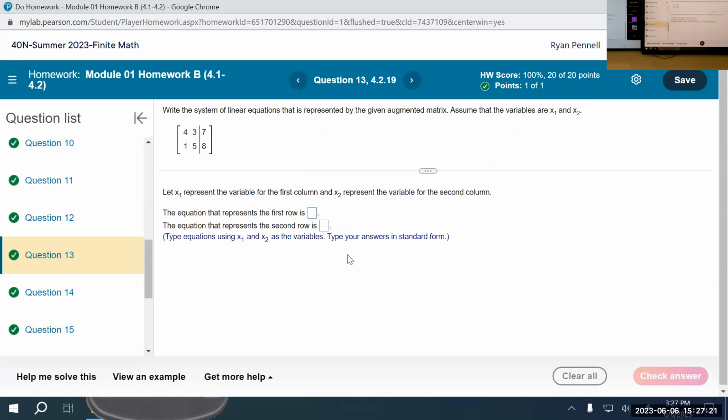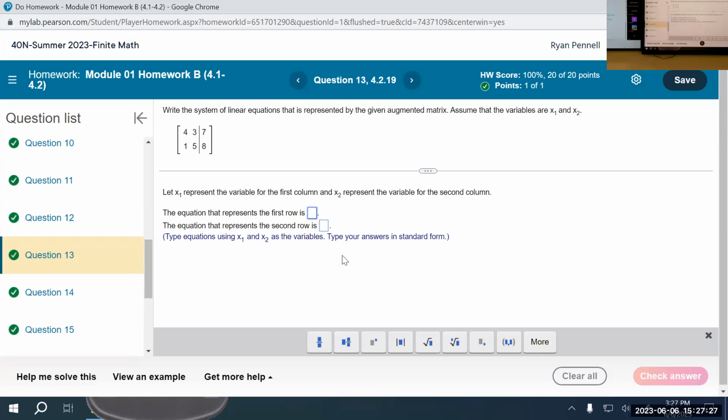So I'm going to try to enter it so we can see how that might work. The first one is 4x1 plus 3x2 equals 7. Okay. So 4x, and there's a little button here. I don't know if you can see it. It says subscript. So I do that, and I want that to be x1.